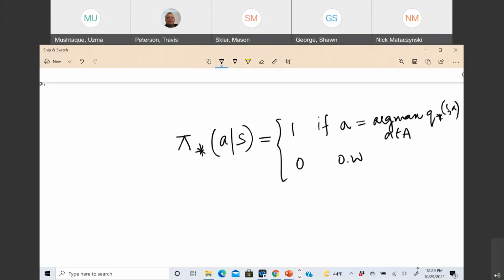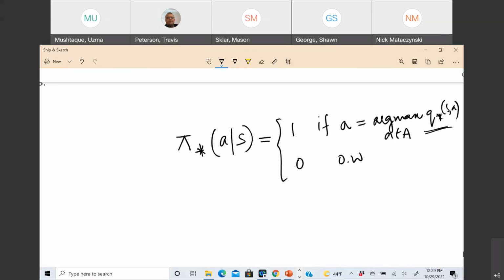Okay, so what this is saying is that for a state S, I'll pick action A with probability 1 if it gives me the maximum Q star, and this Q star here is the optimal state action value function, right? So if I know that best Q star of S, A, I can get an optimal policy from that. So basically we are just rephrasing the whole thing in a different way.